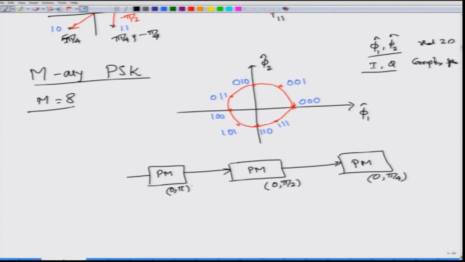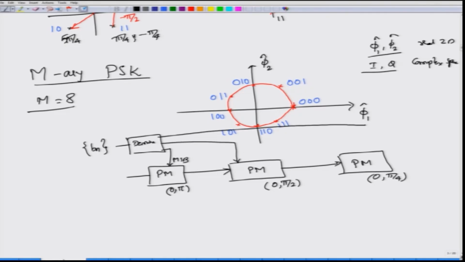So, if you use a bit sequence and then put a demultiplexer over here and then send in the MSB bit to the first phase modulator, send the middle bit to this one and then send the LSB bit to the last phase modulator, you can see that the total phase that you will be obtaining will be a linear combination of all these 3, and it will then implement this one.